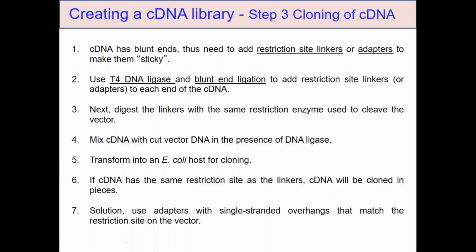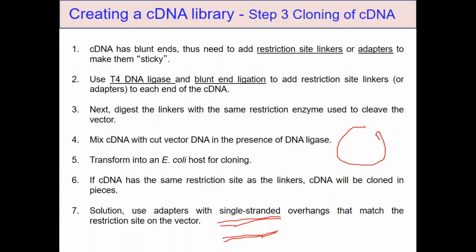So when I create a cDNA, it is going to be a blunt end, like the mRNA. So it is very difficult to ligate into the vector, because if it is a sticky end, it is very easy, right?